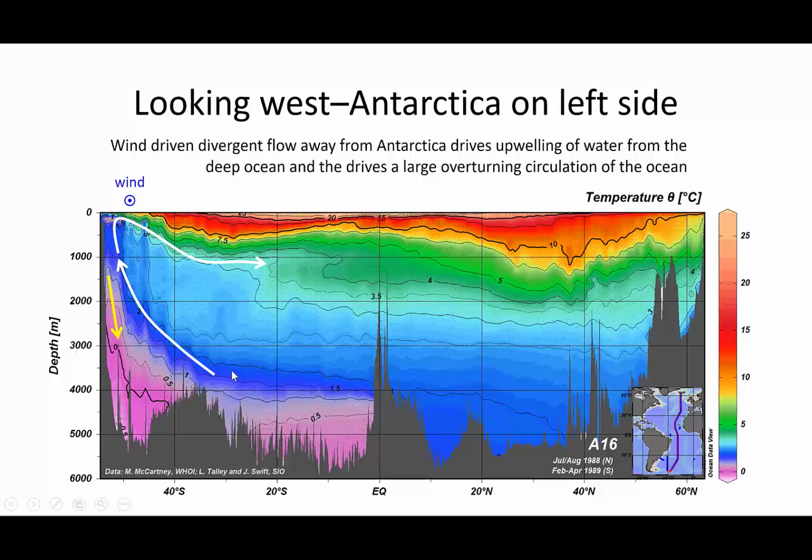And this is what creates this massive overturning circulation of the ocean, just simply this wind effect of the strong westerly winds circulating around Antarctica.